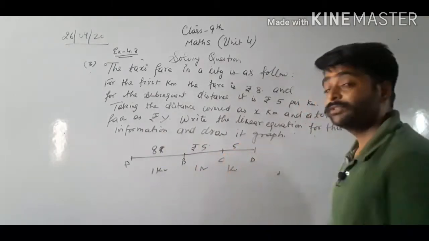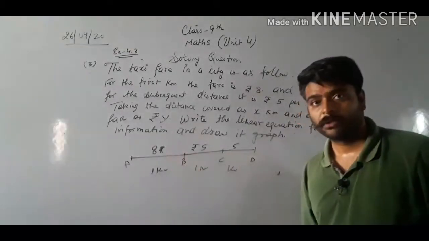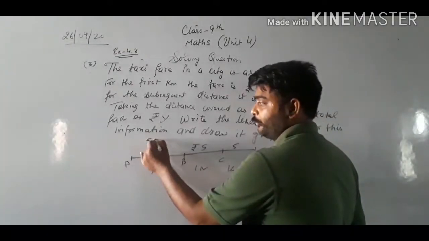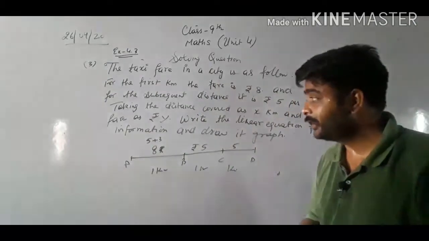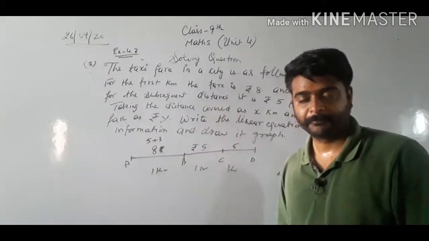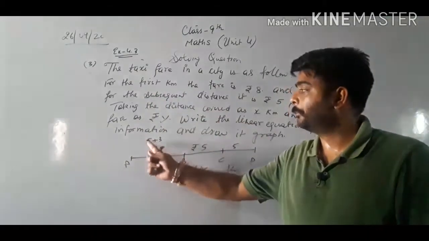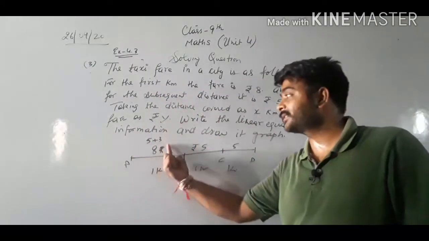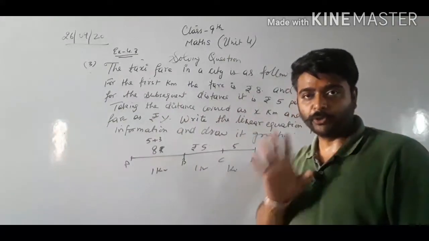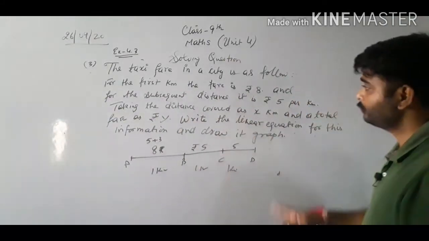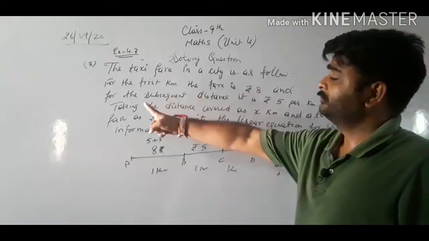Okay, so class, what is common among all these? That 5 rupees is common, 5 plus 3. Only 3 rupees they have to give extra. They are paying 5 rupees per kilometer, but in the first kilometer they are paying an extra 3 rupees. Extra 3 rupees. Now class, okay. What is it saying?